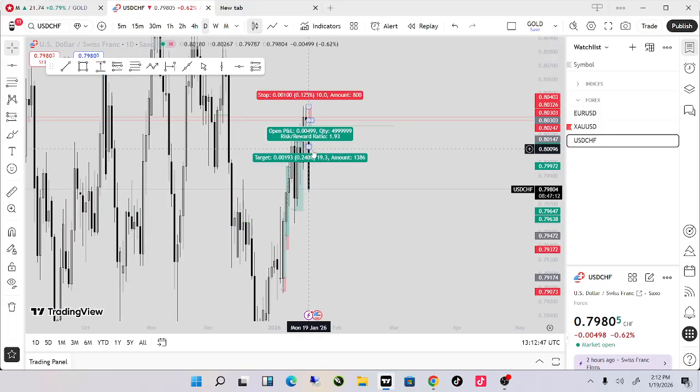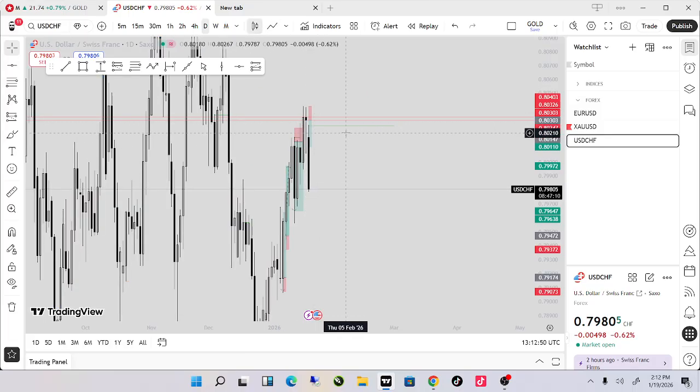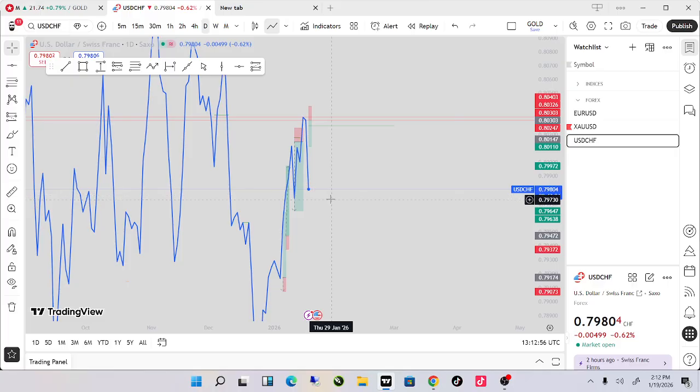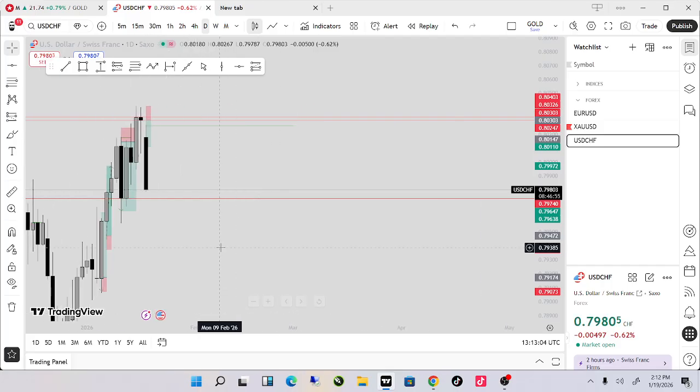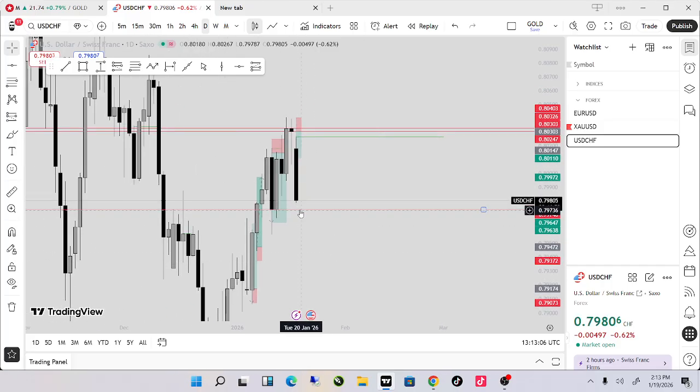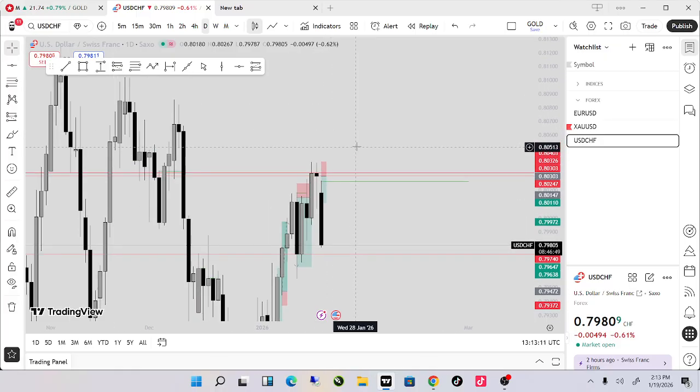Now would price come back to this level? I know price is going to come back to the level, but we'll literally see what the market presents to us. We actually want to support the buy in case we want to take a buy. Yeah, it's good, but I can't just jump in because it's quite risky. So it might literally come to this level here and buy to the upside. But let's just see what's going to happen.